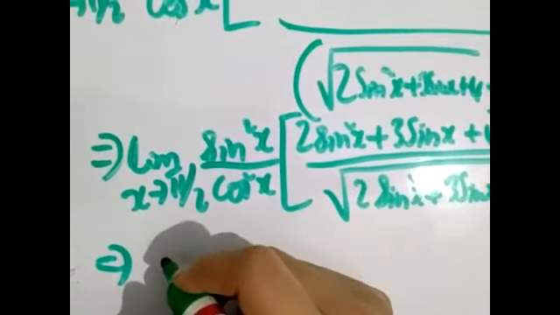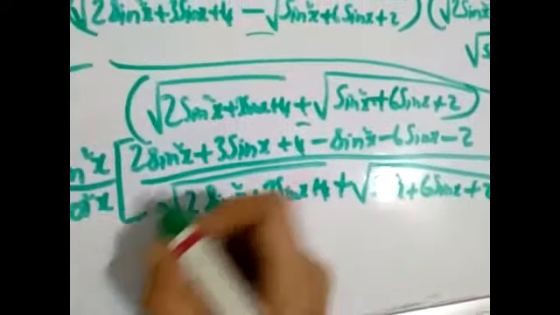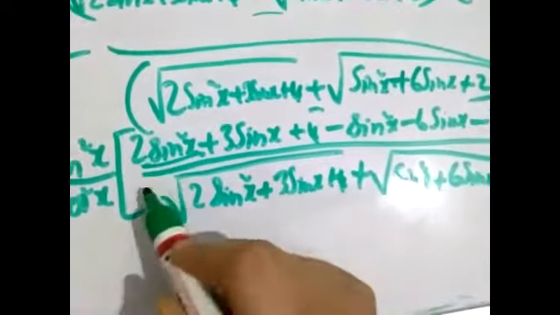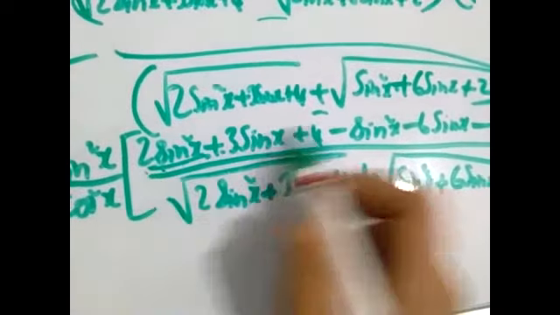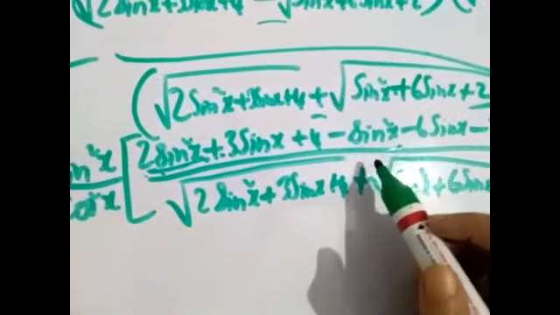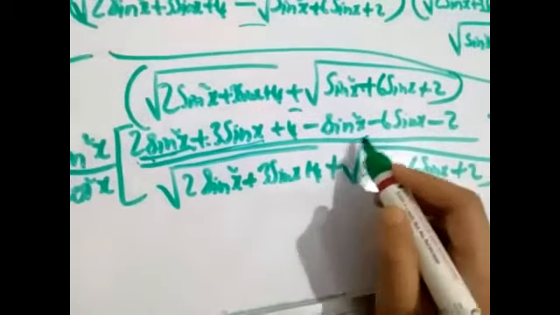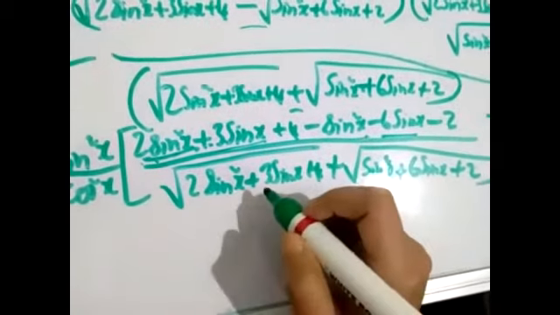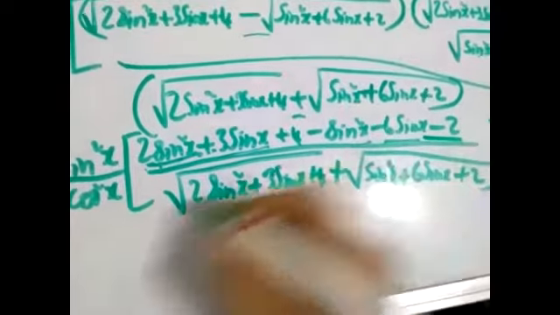So what I have next is I can cancel off some terms. 2 sine square x minus sine square x, I'll get sine square x itself. 3 sine x plus 6 sine x, I'll get minus 3 sine x, and with minus 2 over there.